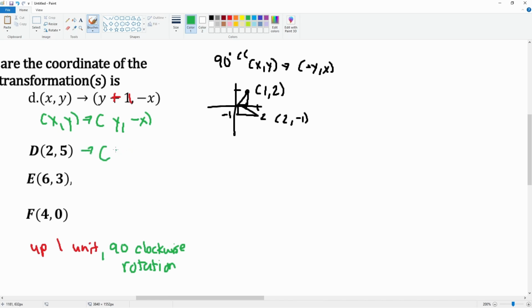So this becomes a 6, and then this becomes a negative 2 for D prime. E prime becomes negative 6 and then 4. F prime becomes negative 4 and 1. Right? You add 1 to the y, you swap it, then you negate the x. All right, there you go.